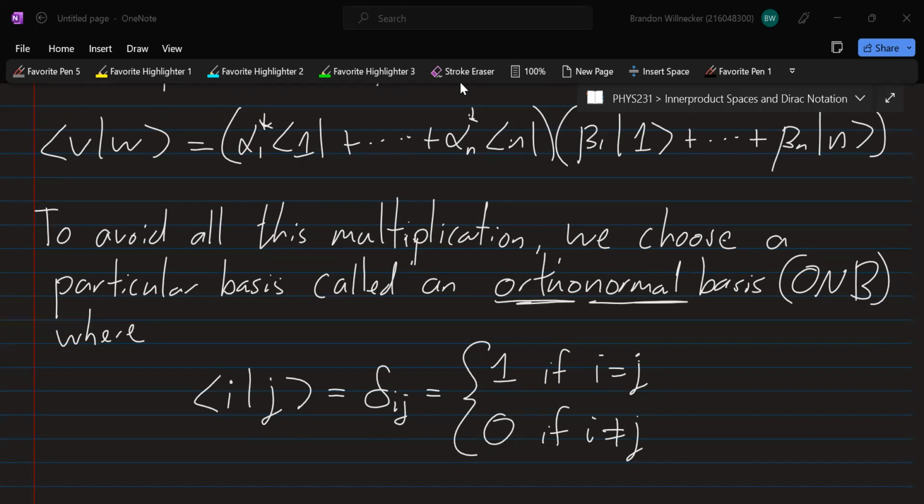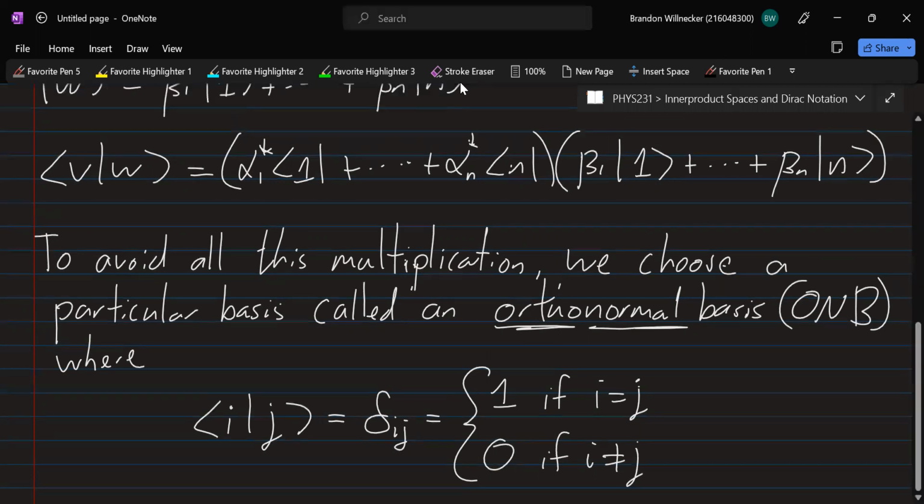Okay, same thing here. So if these two vectors are different, then they must be orthogonal to each other. If they're the same, we impose normality, and so the inner product is 1. Okay, so if this pairwise inner product here is defined like this, we say that it's an orthonormal basis.